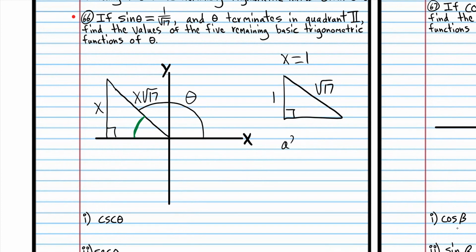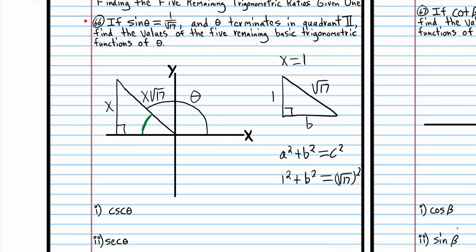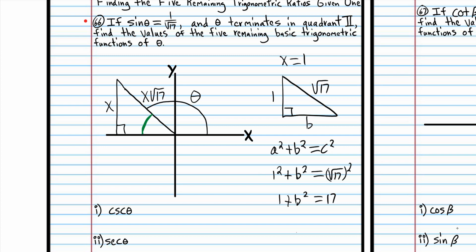Now we're going to use the Pythagorean theorem because this is a right triangle and we need to find the missing side, which I'm going to call b. So we have 1 squared plus the unknown side squared equals the hypotenuse squared. The hypotenuse is always c. If we do the math, we end up with b squared is equal to 16.